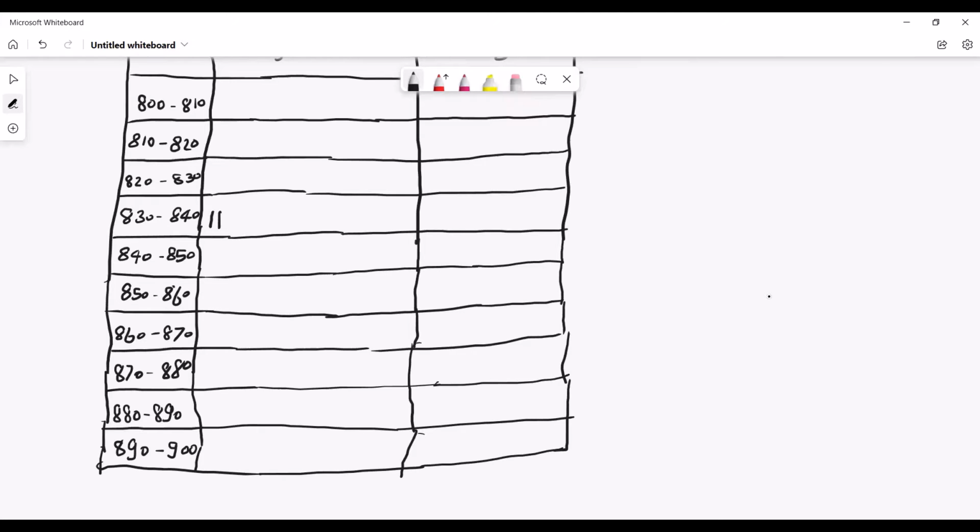That is, wherever the 830 is kept as the lower range, there we have marked. So here also 890 is coming as the lower range, only in 890 to 900. So we are marking here.